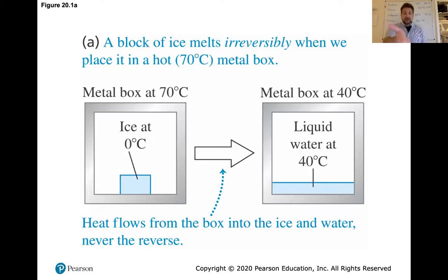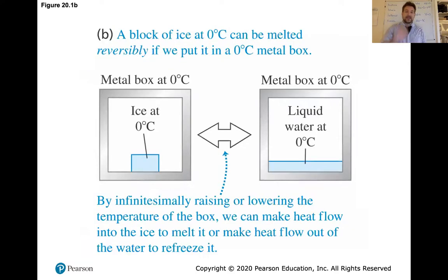This is a slide that represents heat flowing through a finite temperature difference, and we can't turn that around. Heat, Q, has to occur during an infinitesimal temperature difference, a zero temperature difference, in other words.